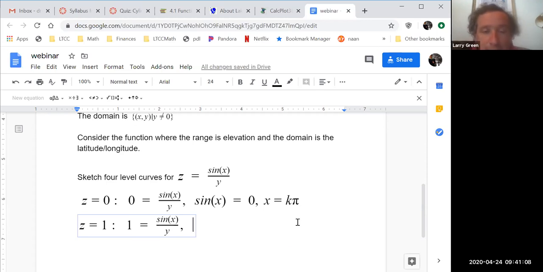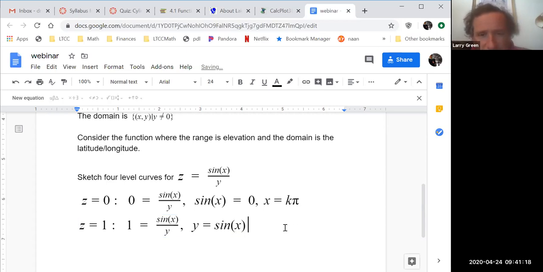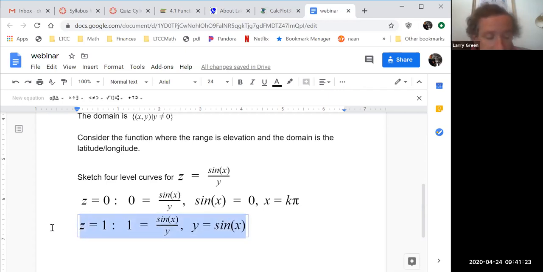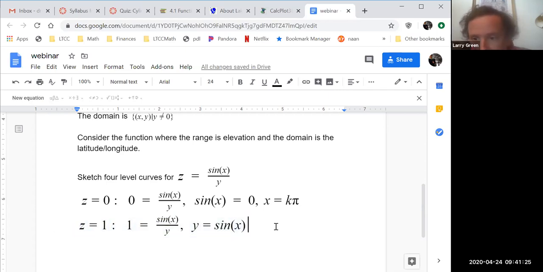What does this become? Isn't it y equals sine of x? Any questions on that? Yep, it's going to be a curve. I guess vertical lines are technically curves too, but they're just a little funky.